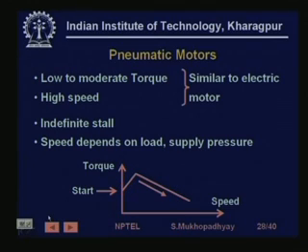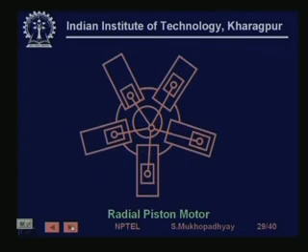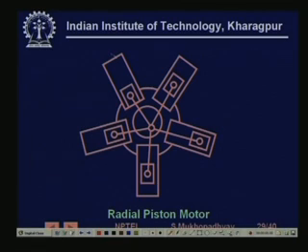So, this is a picture of a radial piston motor. You see that if you apply pressure to these pistons in sequence cyclically, then because of this mechanical arrangement, there will be rotational motion.